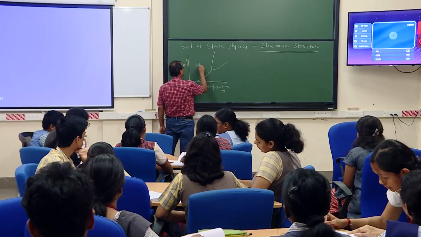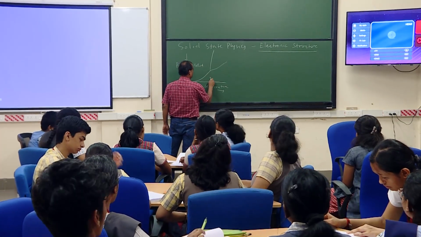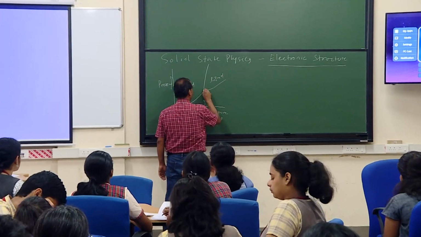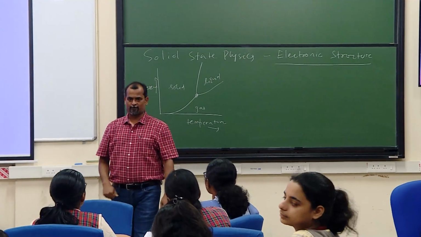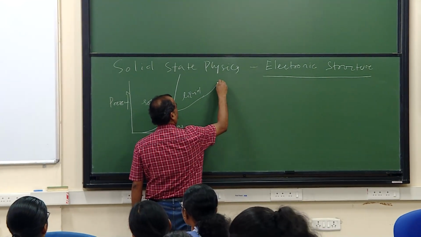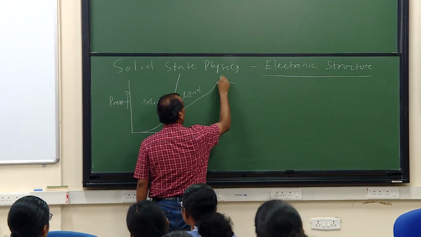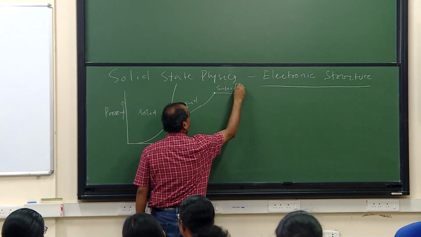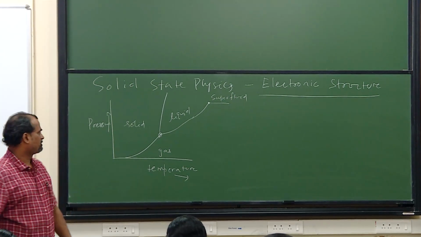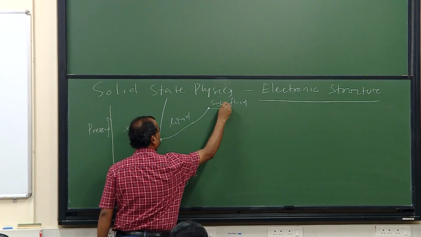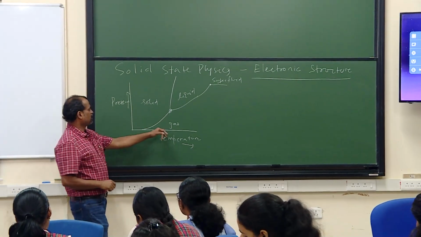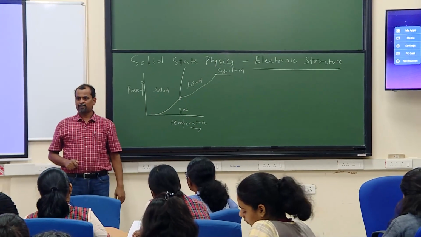This is solid, this is gas, this is liquid. In fact, this is a critical point, a control point, right? And then another critical point where people talk about superfluid. Let us not bother about this part. It's not of our interest at the moment. We all know these three phases, right?